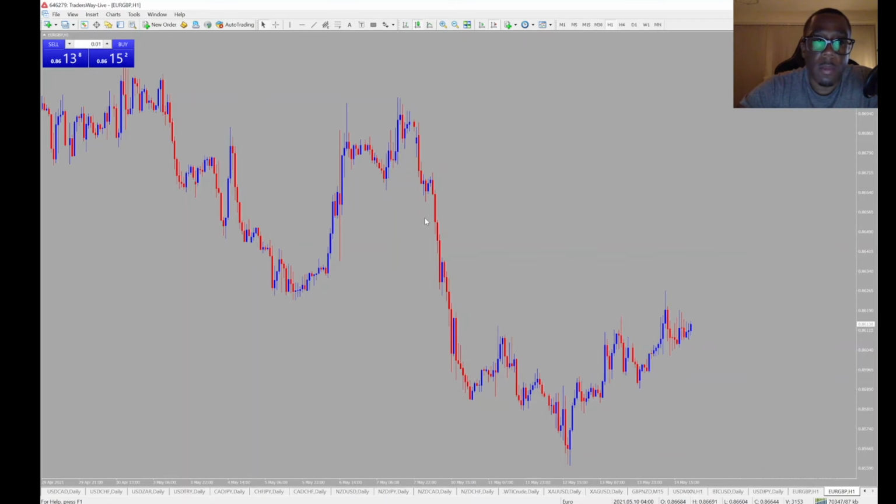Now, each currency pair, as I was saying earlier, moves differently, and it has a different amount of pips in each candle. Like this is the hour chart. Now this move alone, all the way from there to the bottom, is 105 pips, 106 pips.